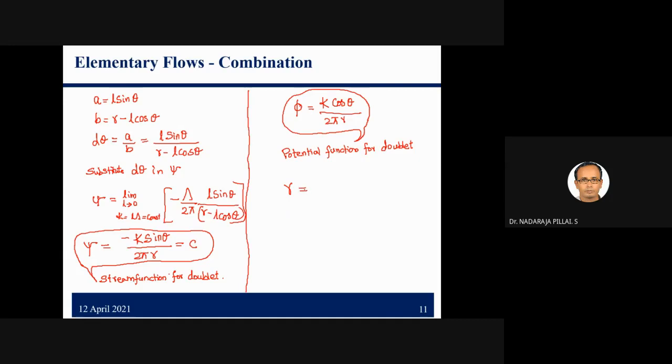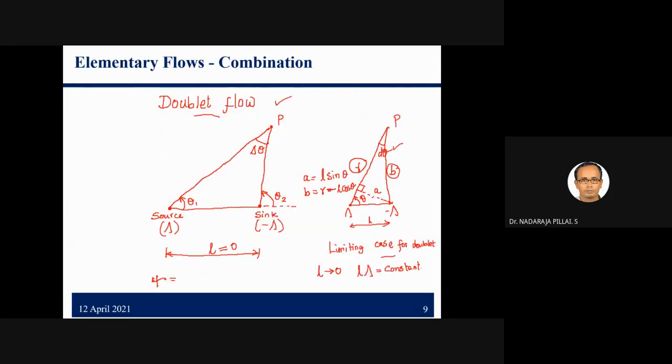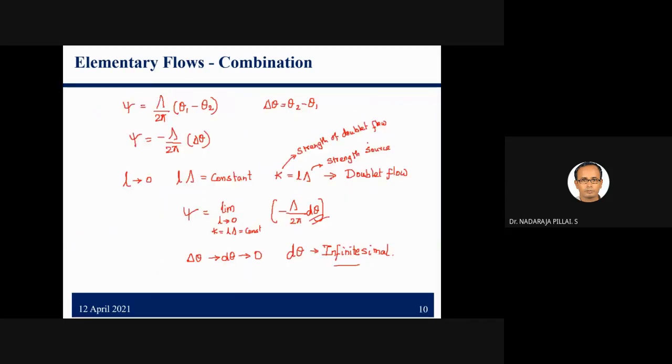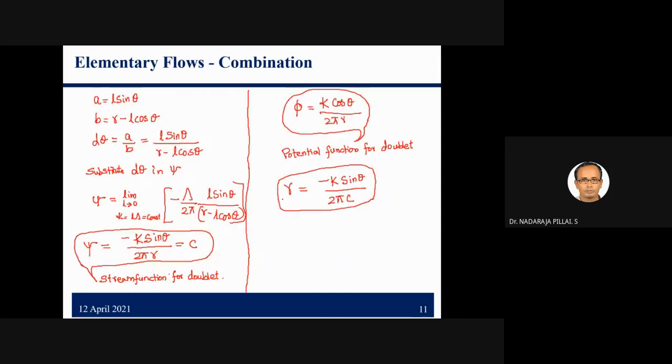In the case of doublet, if we want to calculate R, then it becomes minus sine theta by 2 pi C. So we have calculated R. From analytical geometry, we write R is equal to d sine theta, where d is the diameter of the circle.